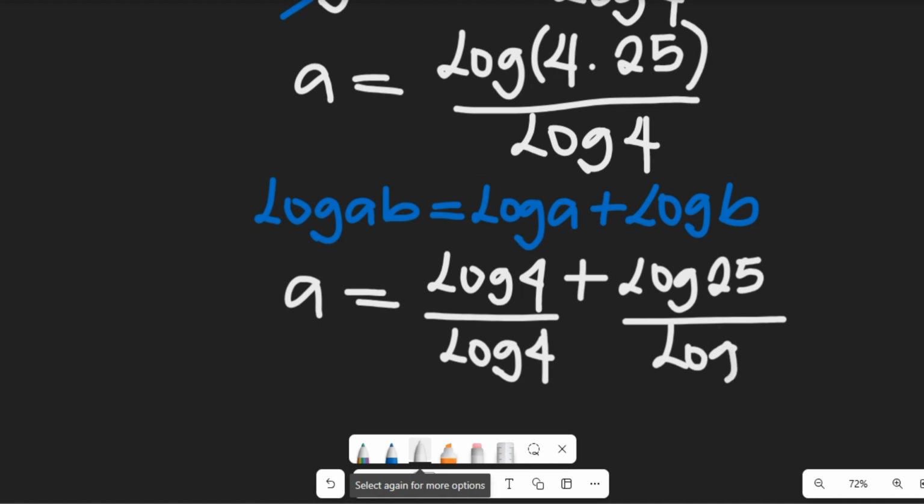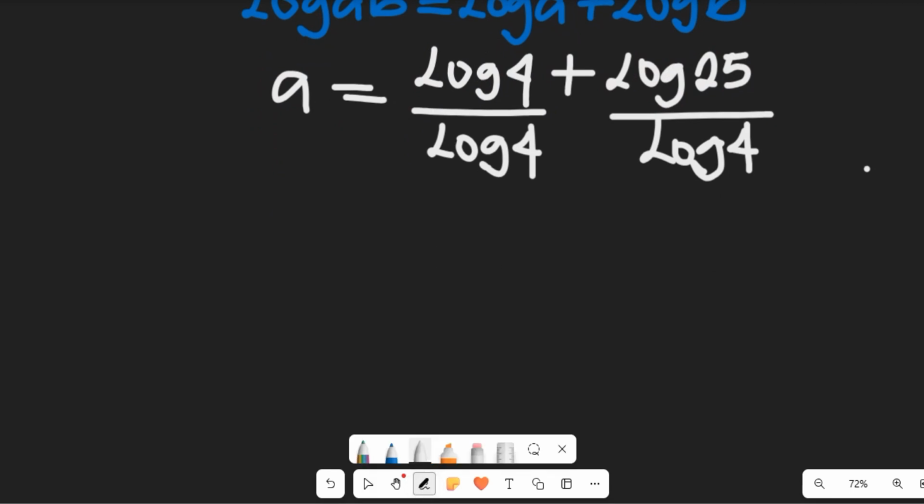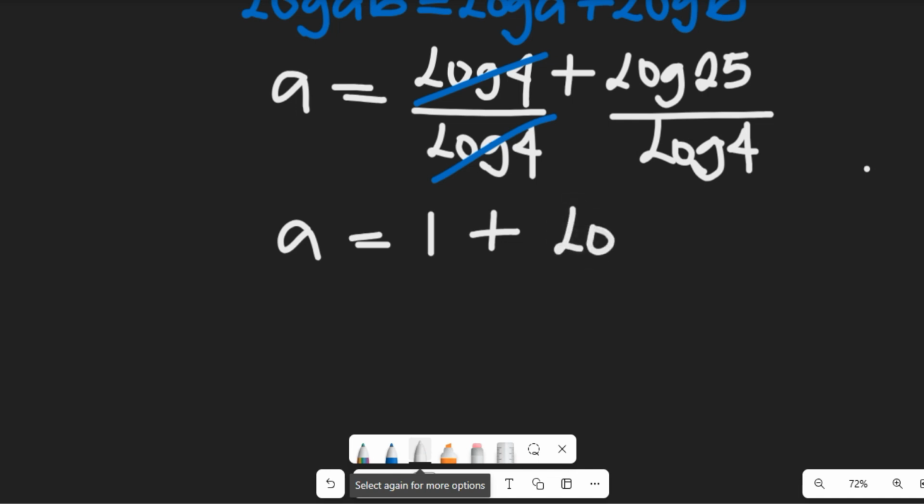Great. Now, in this aspect, we are going to simplify further. In the next step, we'll simplify further. And if we simplify further, from here, you see that the log of 4 will cancel out the log of 4. And then we'll have a to be equal to 1 plus the log of 25, which can be simplified, since 25 is 5 to the power of 2, right?